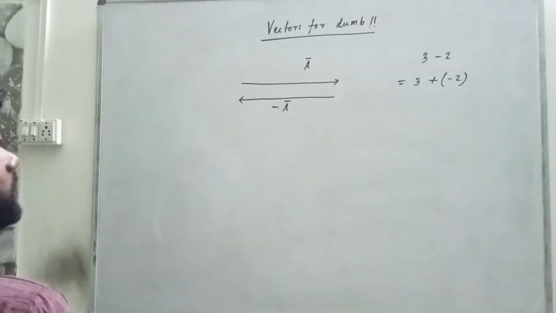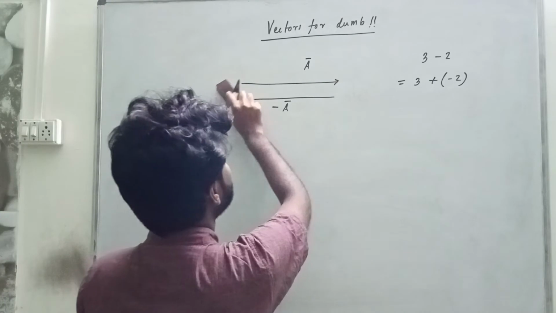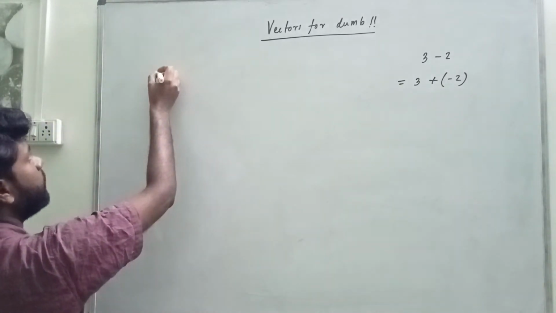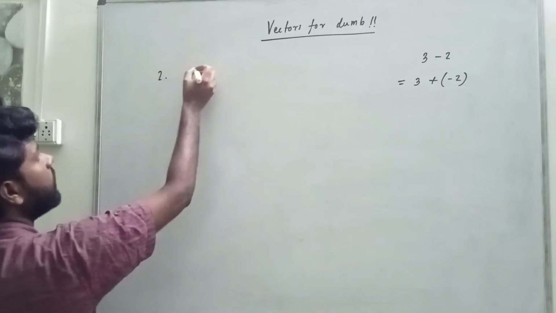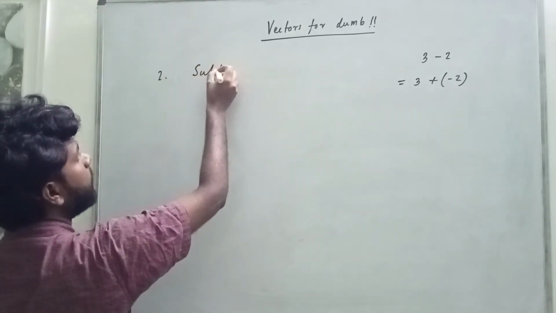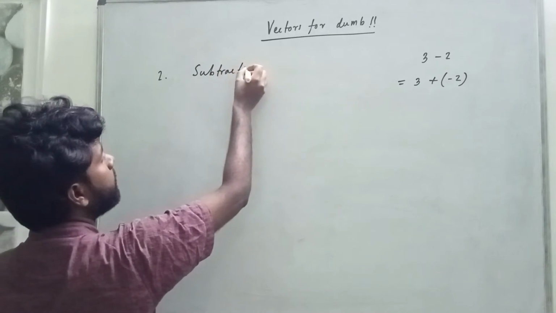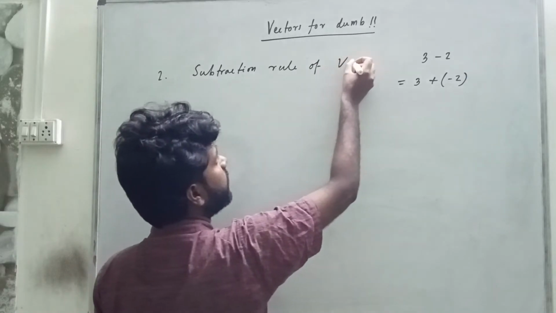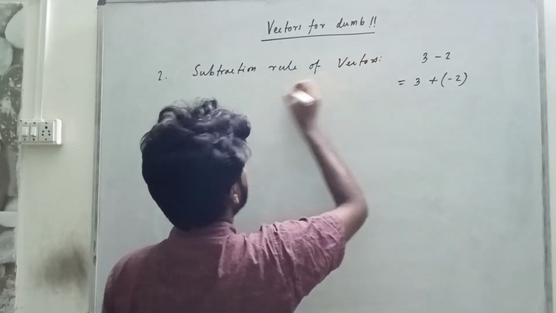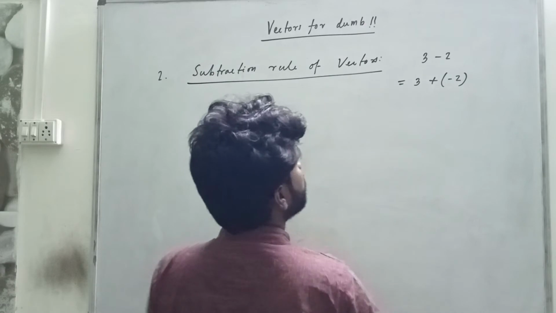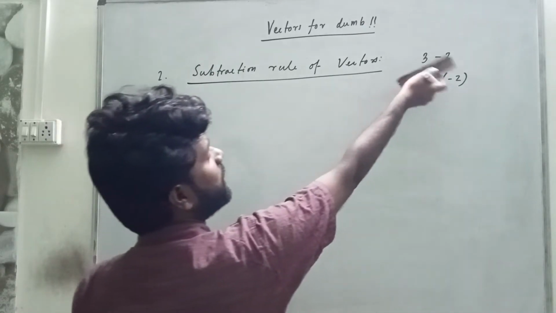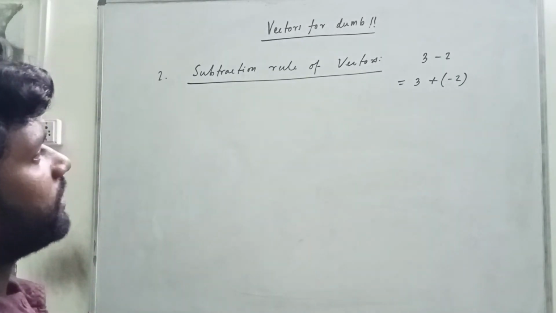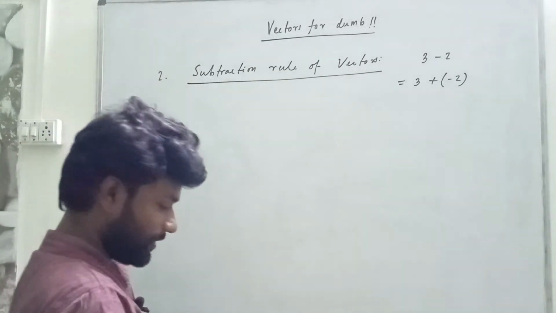Now I will introduce to you the subtraction rule of vectors, which is rule number 2. It is the same situation here: 3 minus 2 means 3 plus minus 2, right?